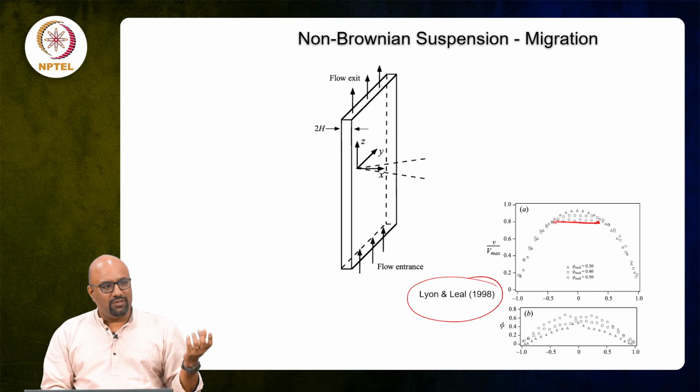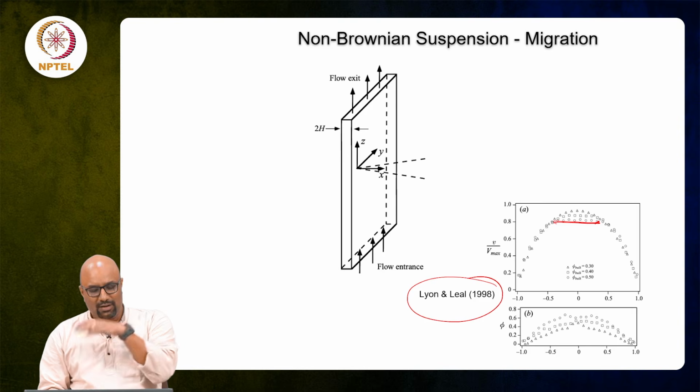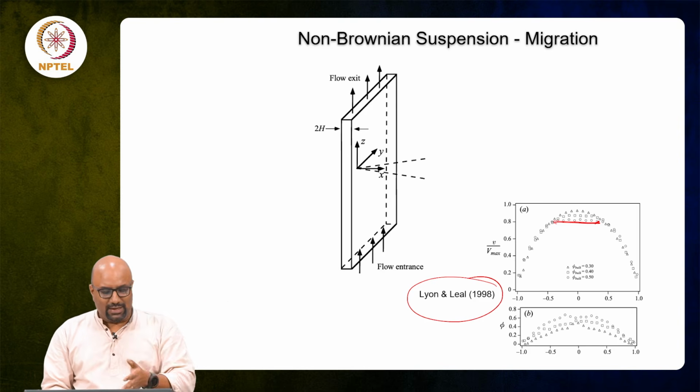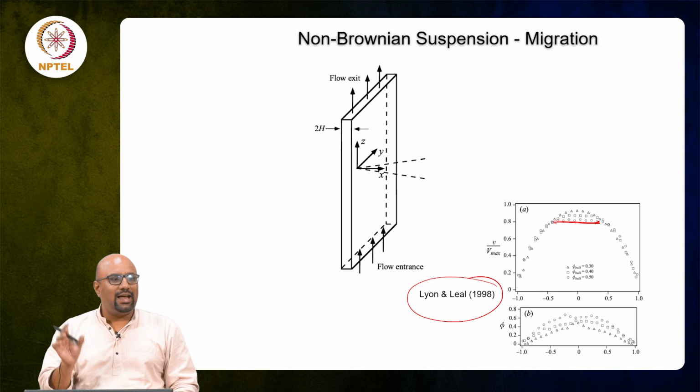One is the experiment done by Akrivos, where you see there is something else balancing the gravitational flux, and then there are the experiments done by others in the past, and what I am showing here is Leon and Leal, where you observe that the channel flow velocity profile has a more plug-like nature towards the center line rather than being a perfect parabola.